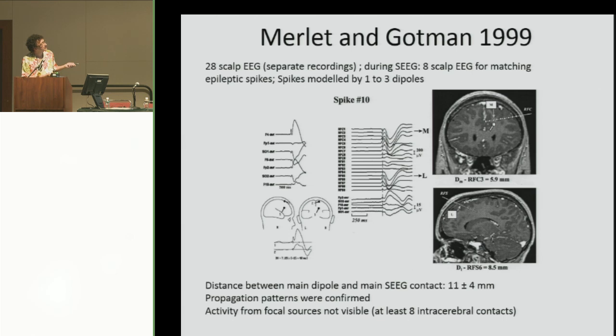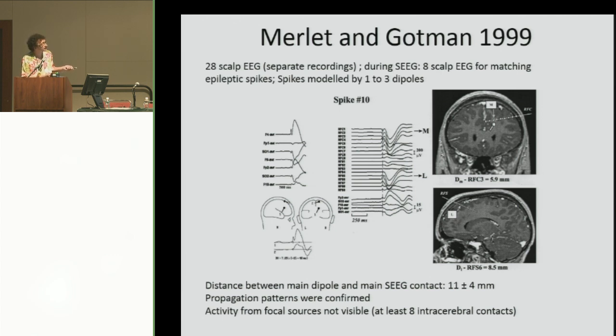So you see here the location of the equivalent dipole for epileptic activity, and a marker of where it was recording in SEEG. So you see the SEEG electrode, and the contact is right there. So that shows that there is a very good match between the localization made non-invasively and the actual invasive recording.